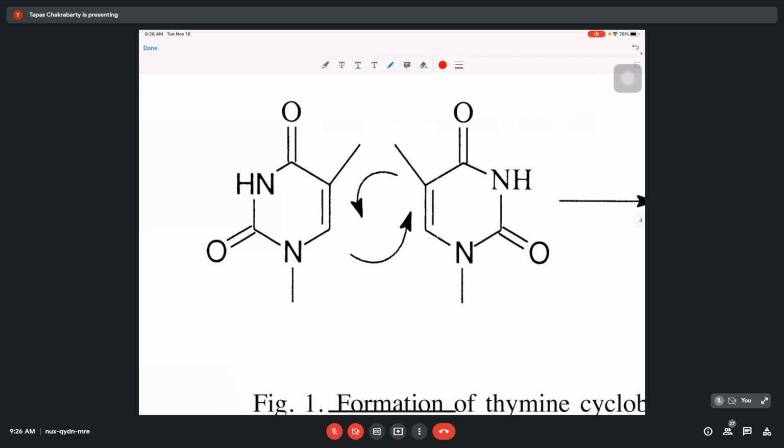A thymine molecule contains a six-member ring that you can see here. You have a carbonyl group, and this is also a carbonyl group. And then you have a carbon-carbon double bond. This carbon-carbon double bond is not isolated, but is conjugated through this nitrogen atom that contains a lone pair of electrons, and also you have a carbonyl group here.